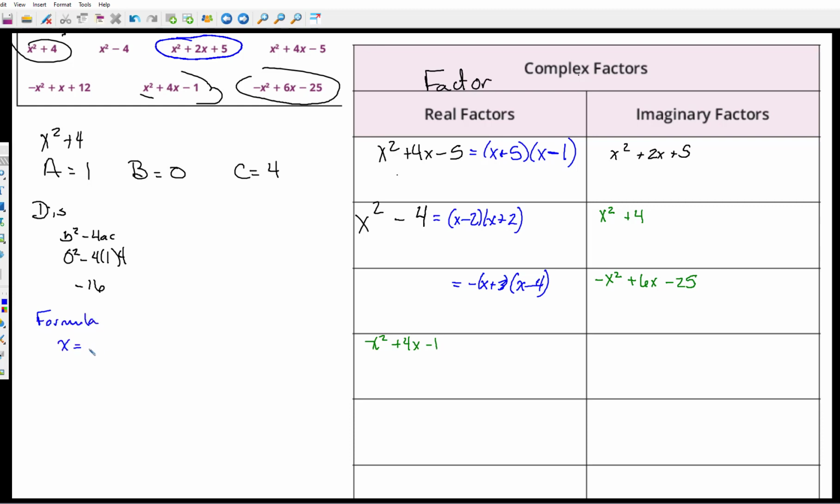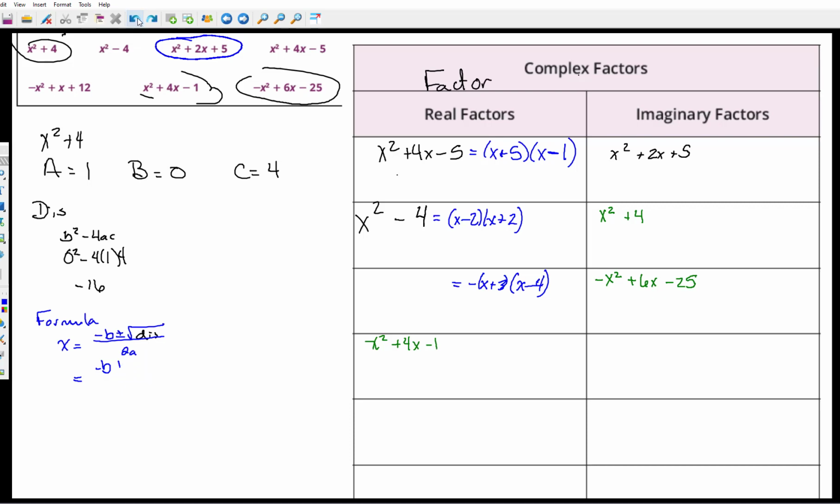X is equal to negative b plus or minus the square root of our discriminant, all divided by 2a. And so negative b plus or minus the square root of negative 16. Oops, negative b.